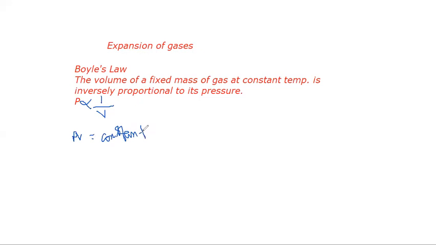Now PV is a constant. This is the equation of a rectangular hyperbola. So if you have two axes here, and this one is pressure and this one is volume, then the graph is something like this.